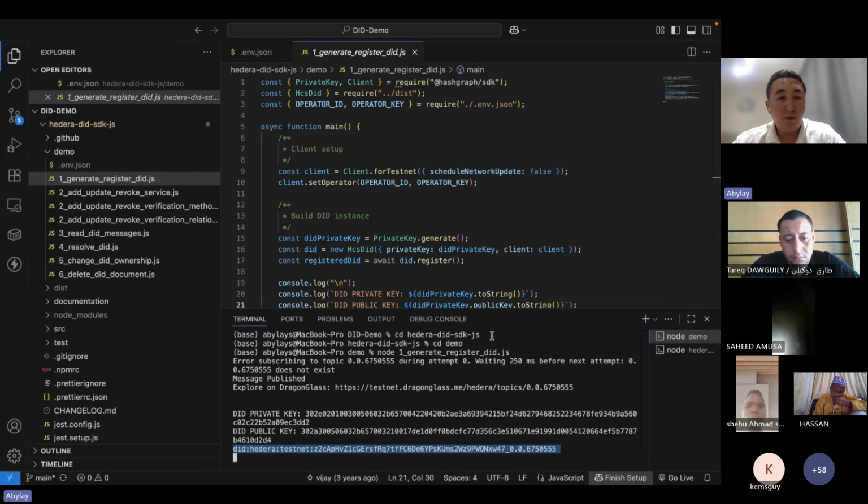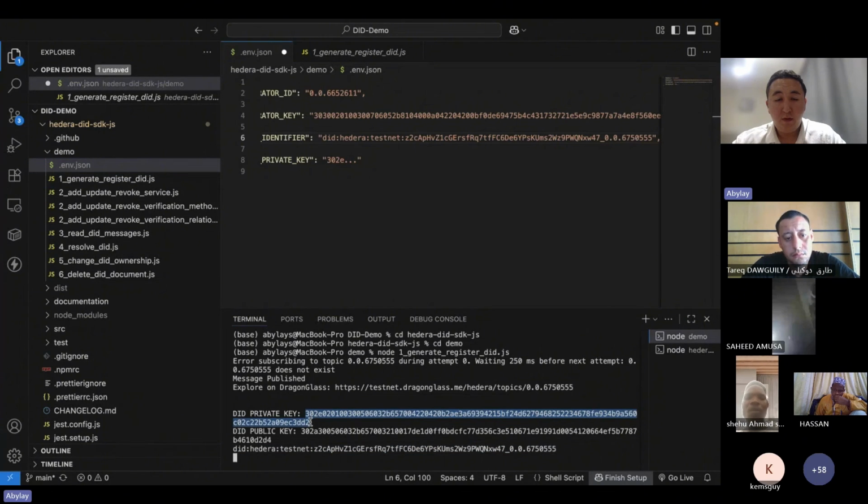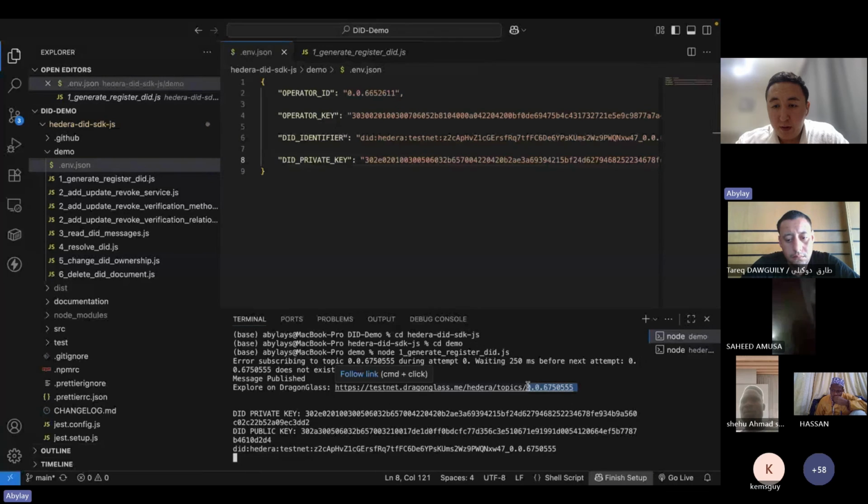So we should copy it and update this env file, I think, and just copy your DID private key. Okay. And also you can check your topic.